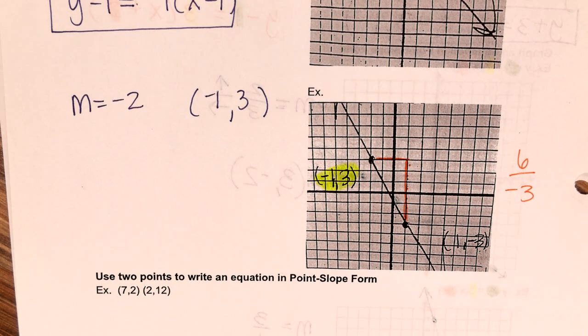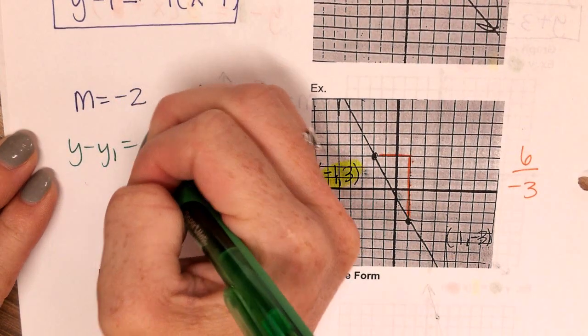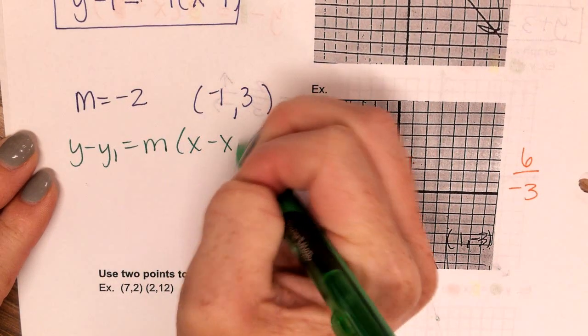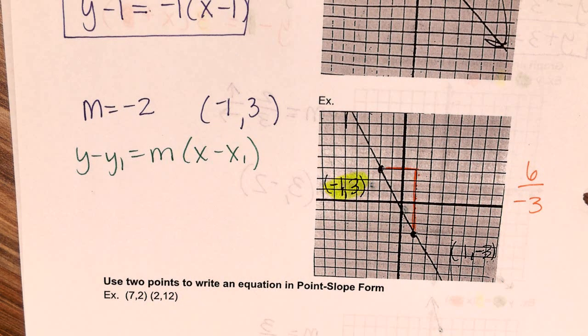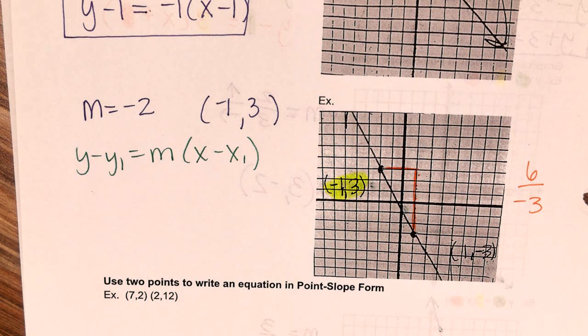I'm going to write the equation form. So y minus y1 equals m(x minus x1). And then I want y'all to go plug them in, with the point we picked, (-1, 3). Go fill it in.